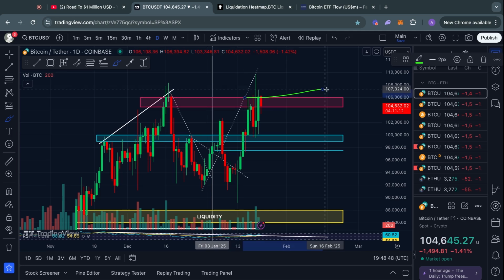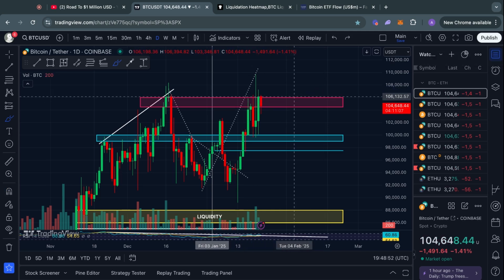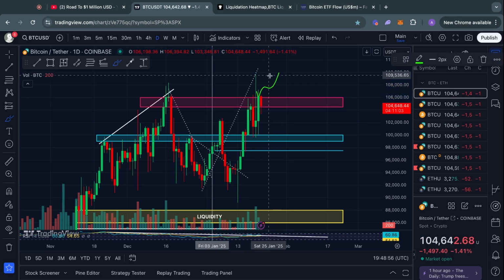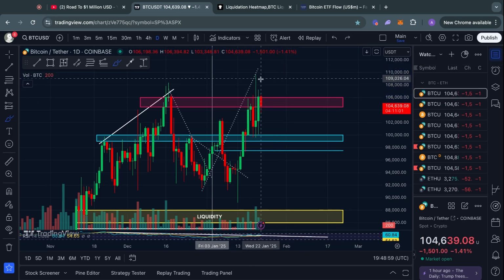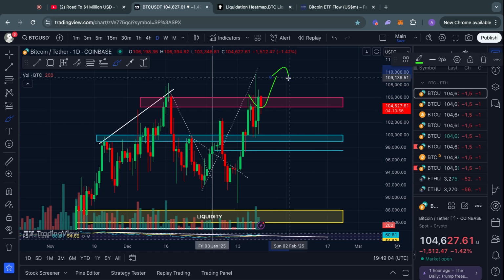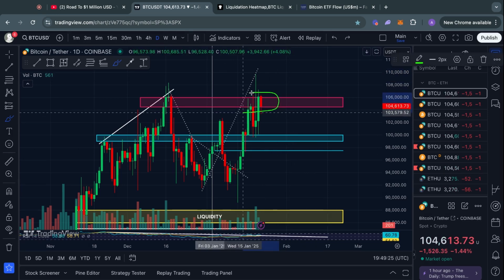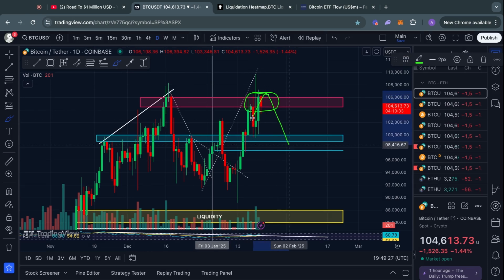But in my personal opinion, if we get a daily candle close above 106K, potentially like 107, for example, that would be a bullish confirmation on the higher time frame once again, pointing towards much higher price action for Bitcoin after that. But so long as that is not the case, then be open to the possibility of another move down to this area of support, sitting between 100 and 99,000.